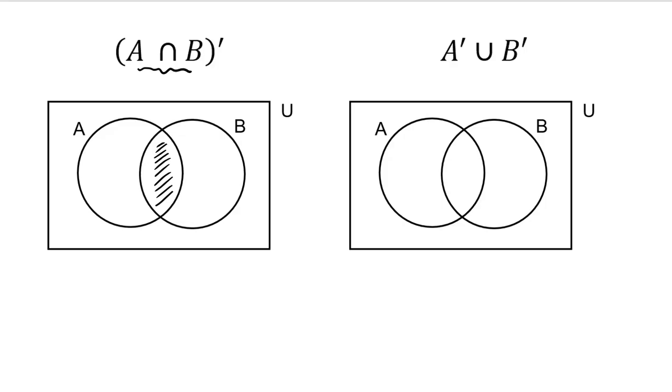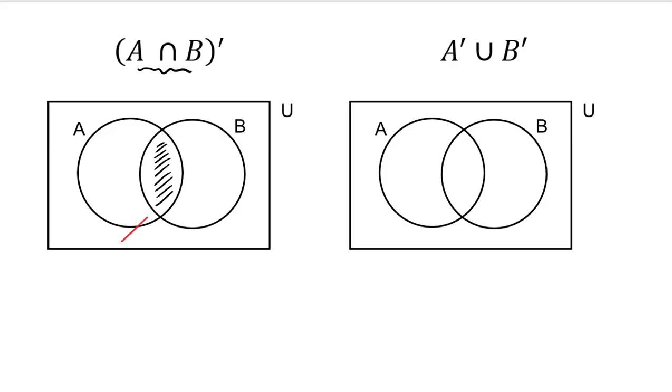Now, the complement of a set is everything in the universal set but not in the set itself. So A intersect B complement would be the set of all elements within the universal set but not in the set A intersect B. I'll represent that in red.